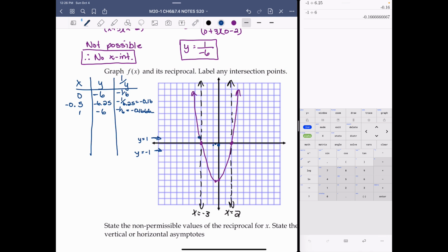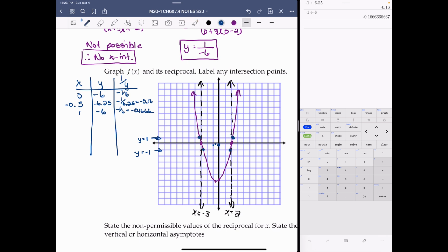We have one just left of the vertical asymptote x equals -3, and one just right of the vertical asymptote x equals 2. How many points on our quadratic have y values of -1? We have one just to the right of the vertical asymptote x equals -3, and one just to the left of the vertical asymptote x equals 2. So we have 1, 2, 3, 4 invariant points here.